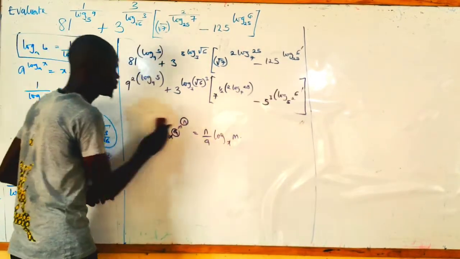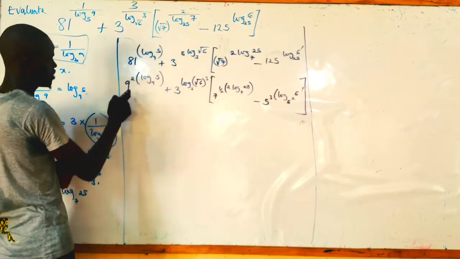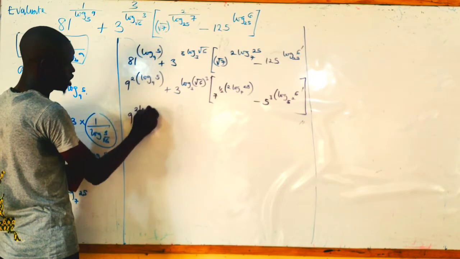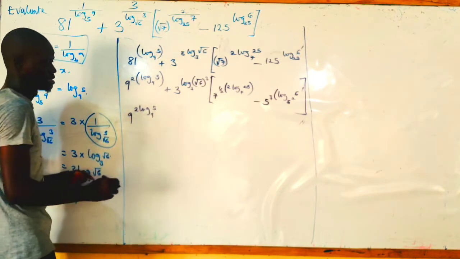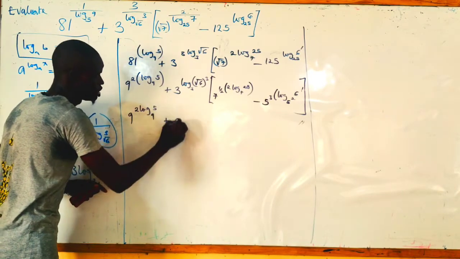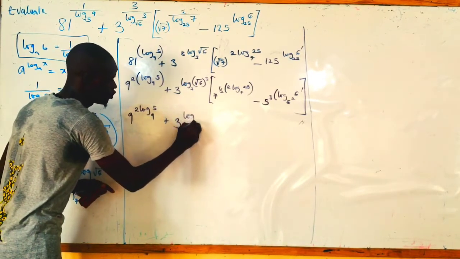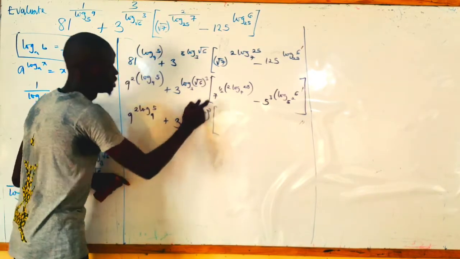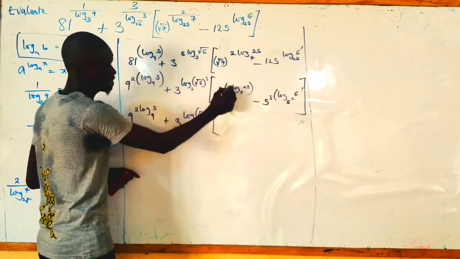Whereby I will now be having, if I apply the log, this to be 9, 2 log of 5 base 9 plus 3 log of 3 root 6 raised to power 3. Here 2 can cancel 2.